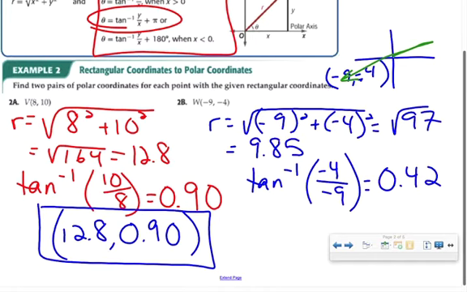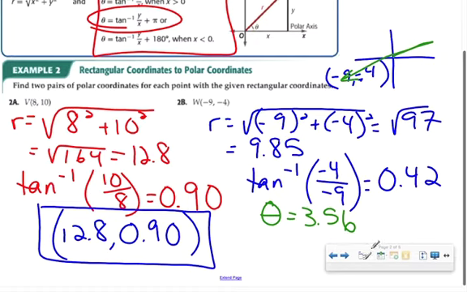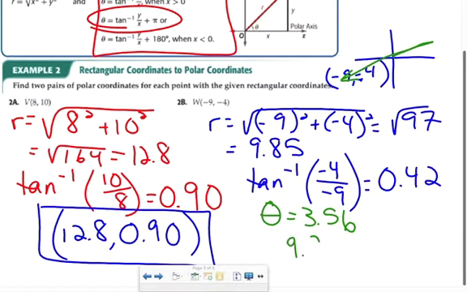So that 0.42 that you have in your calculator, add pi to it, and you get that theta is 3.56. So your correct answer would be 9.85, comma, 3.56.